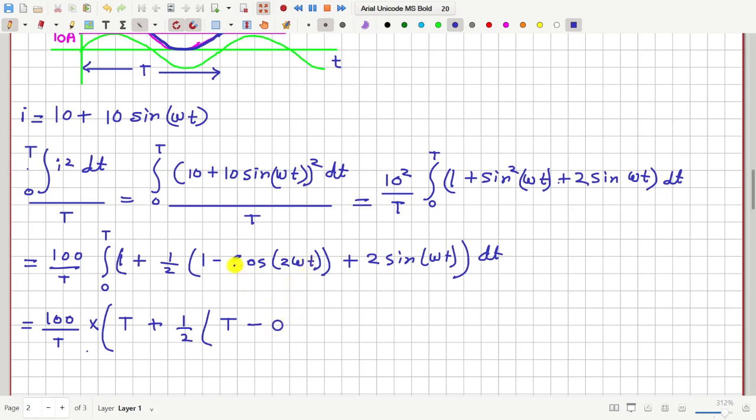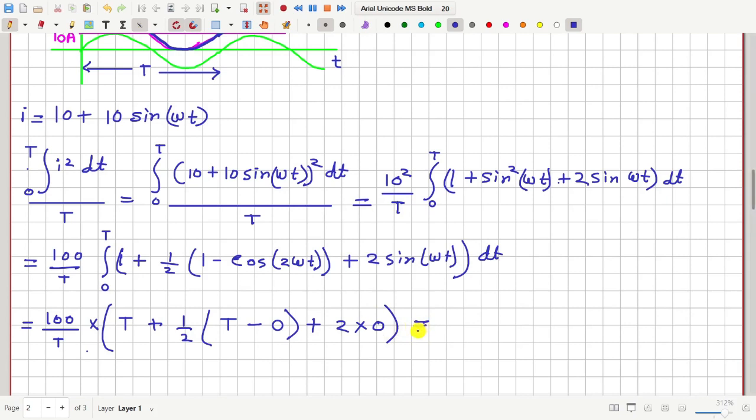Anyway, it's a periodic function, so over complete cycles the integration should be 0. The area under complete cycles should be 0, and then plus 2 into integration of sine over a complete cycle will again be equal to 0.